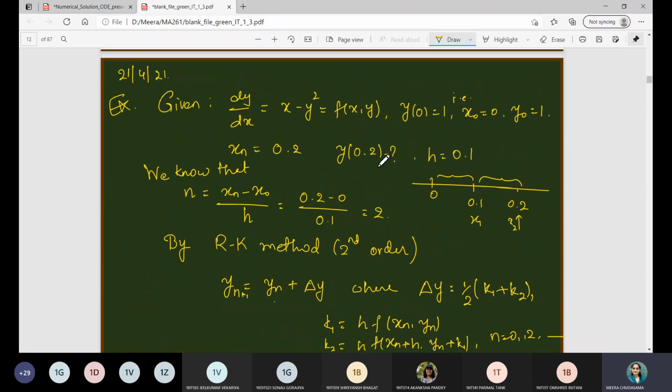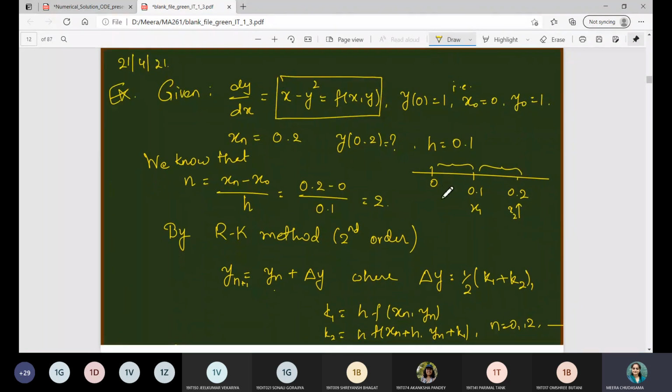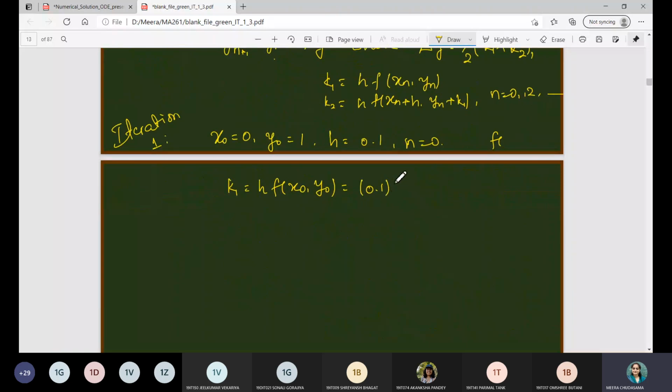F of xy is nothing but x minus y square. So it is x0 minus y0 square, right? So substituting its value, x0 is 0, minus 1 square is 1.